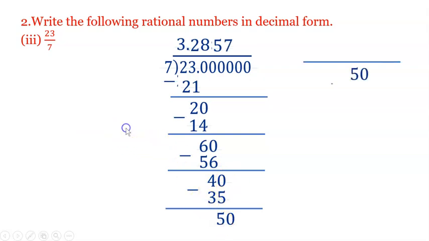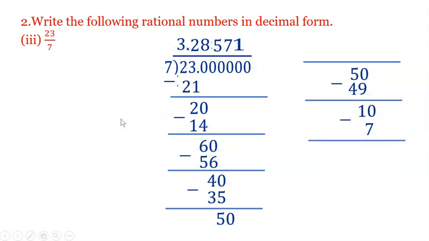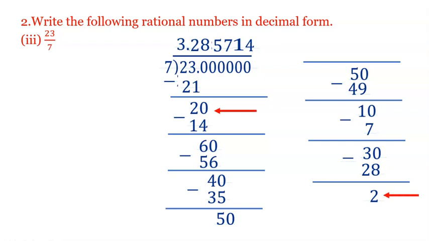Then 50, 7 into 7 gives 49. 50 minus 49 gives 1. Next 10, 7 into 1, 10 minus 7 equals 3. Next 7 into 4 is 28. 30 minus 28 gives 2. Now the recurring type occurs here, 20 and 20, and hence we can write 23 upon 7 equals 3.285714 with a bar.